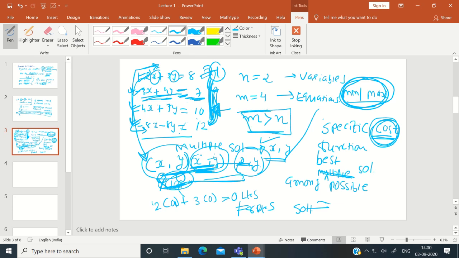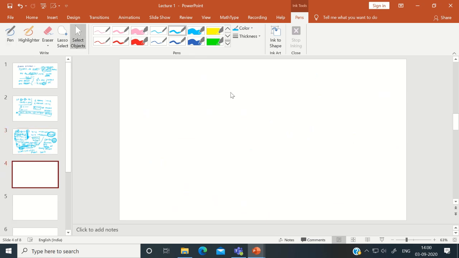So what is the conclusion? When the number of equations, that is m, is greater than the number of variables, that is n, you will obtain multiple solutions, and out of those you have to find the best solution. This procedure is nothing but the optimization procedure.